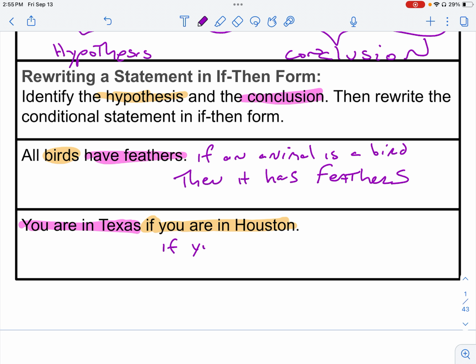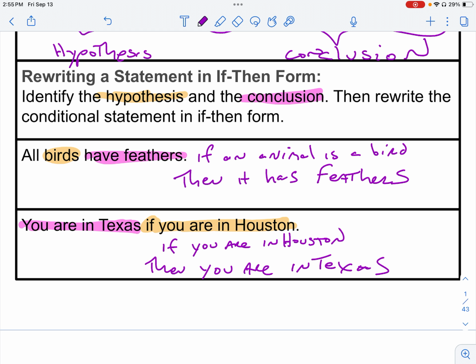So if you are in Houston, then you are in Texas.